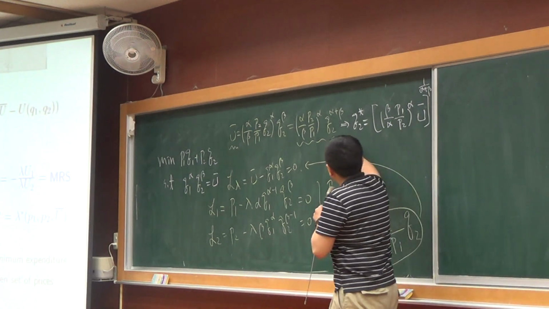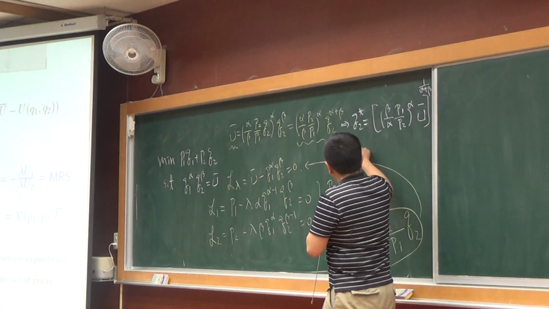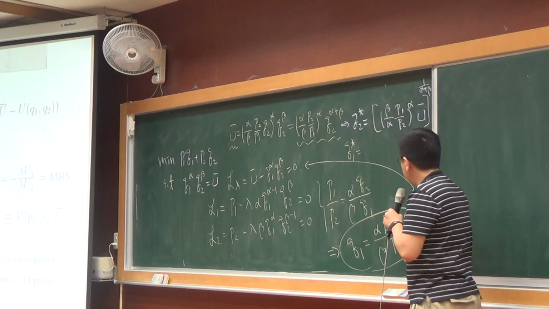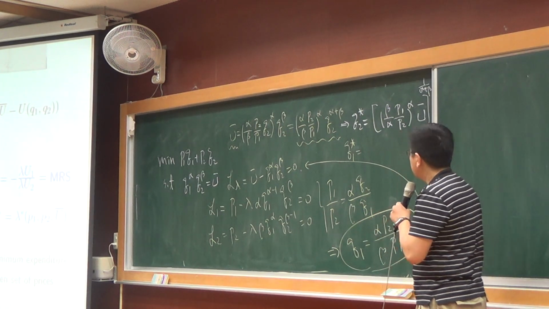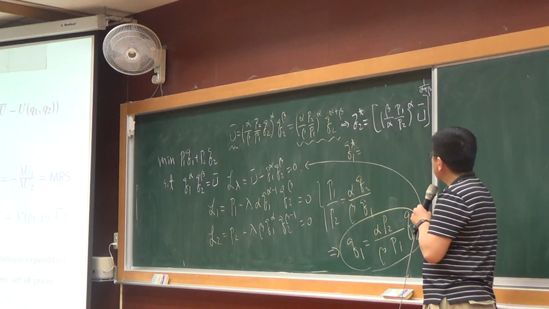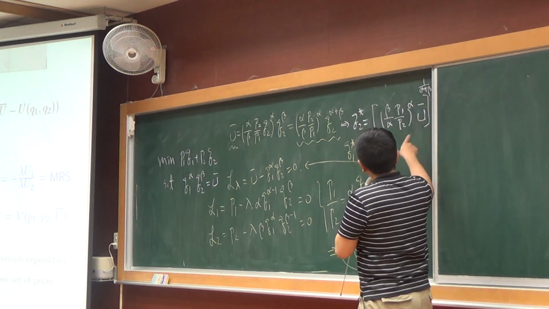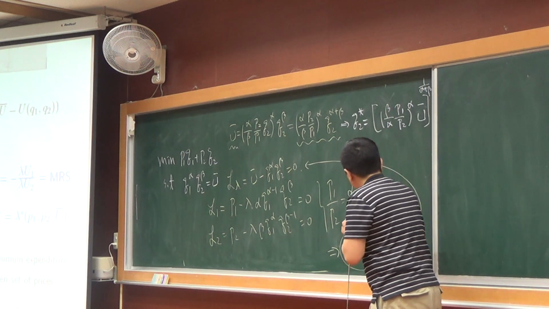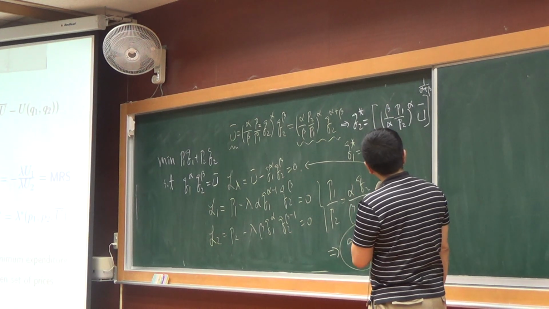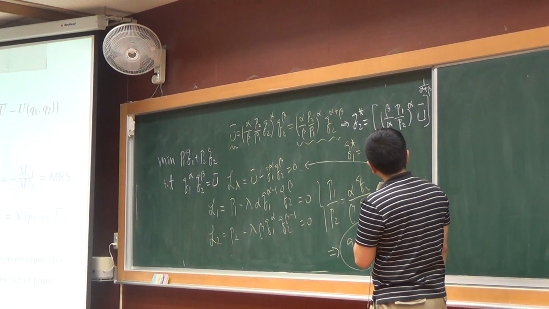And what about Q1 star? Q1 star is Q2 multiplied by this term. So Q2 multiplied by this term. It will be what?